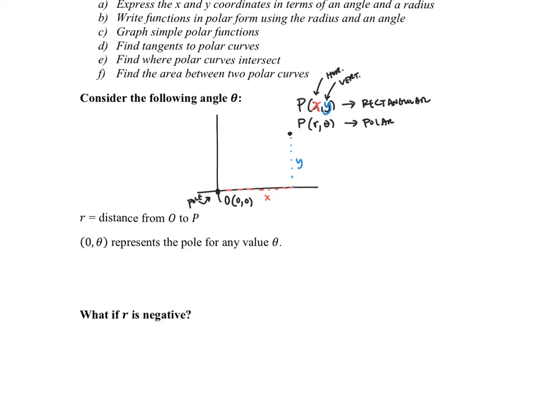Polars are different. In polars, we have extension, and then we rotate. R is some extension, so we're going to extend out R units, and then we're going to rotate theta radians.